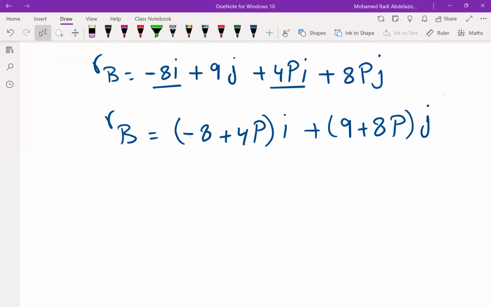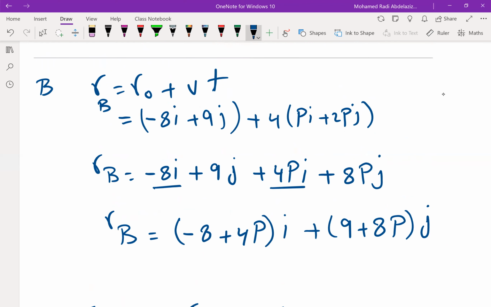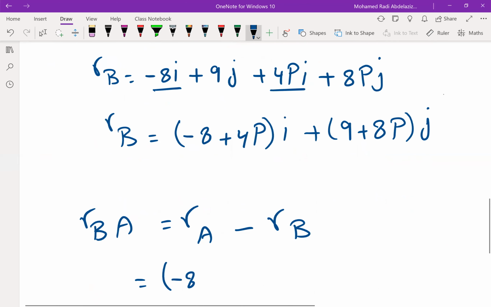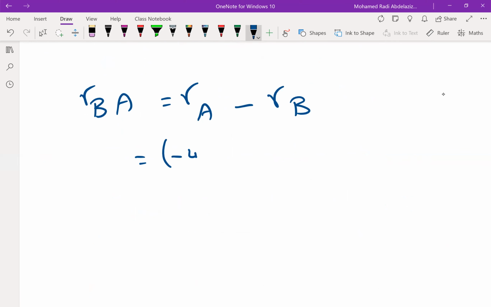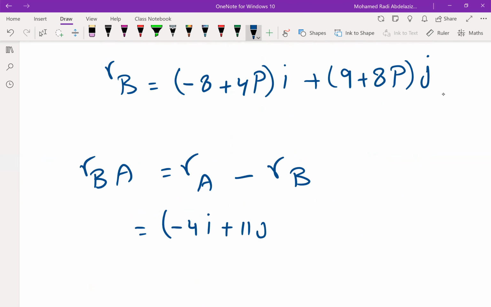To get the vector RBA, it is R of A minus R of B. R of A is minus 4i and 11j, minus R of B, minus 8 plus 4pi, minus 9 plus 8pj.